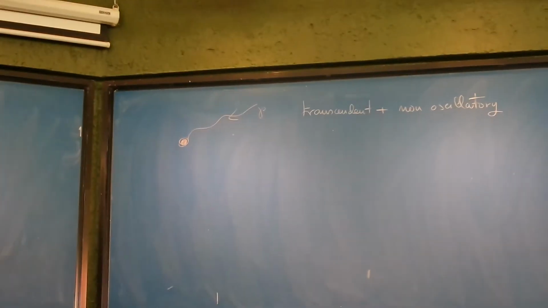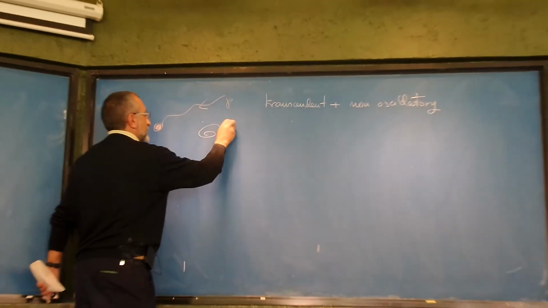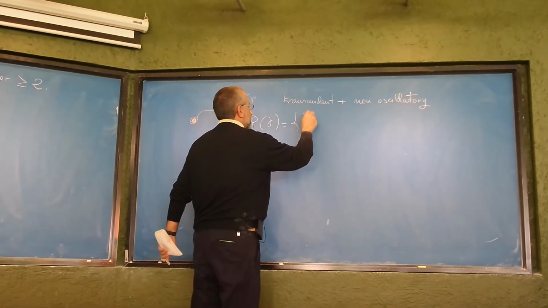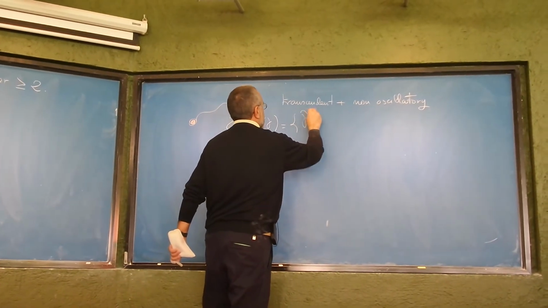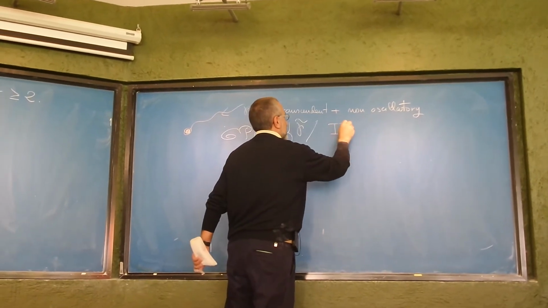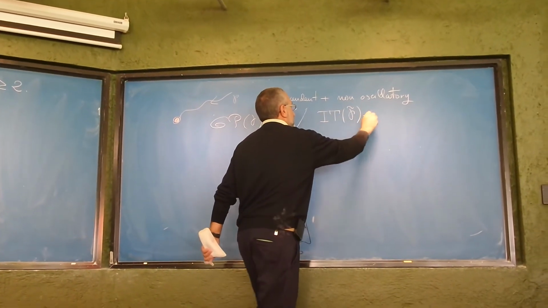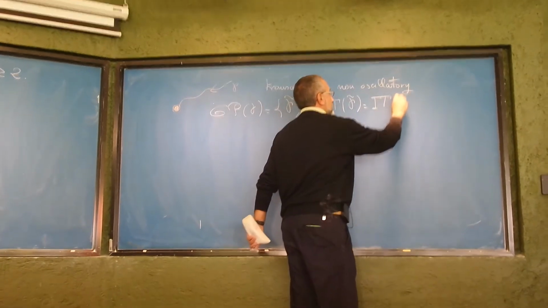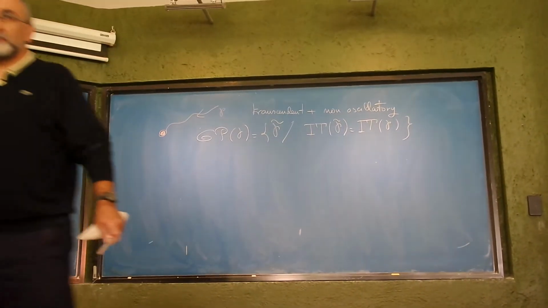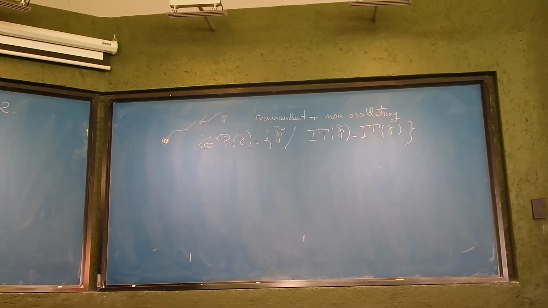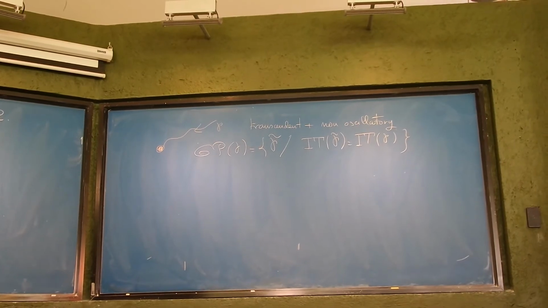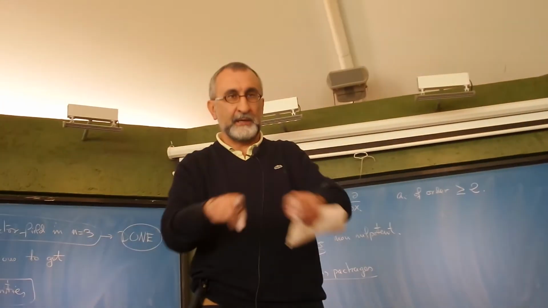The Galois package of gamma is the set of all trajectories that share the same iterated tangents with gamma, which are very close to gamma.